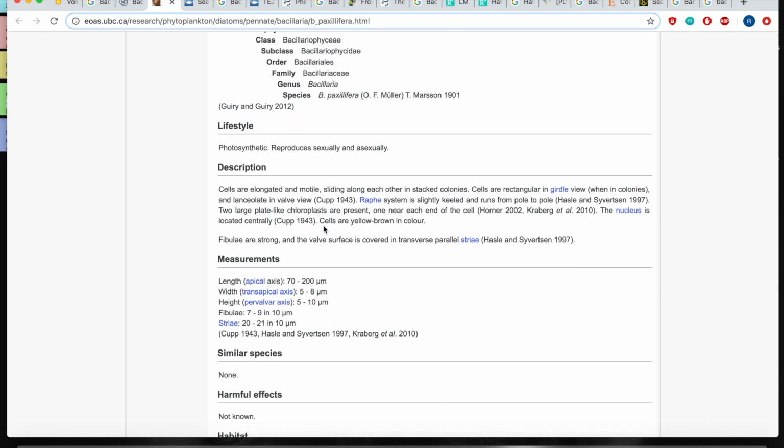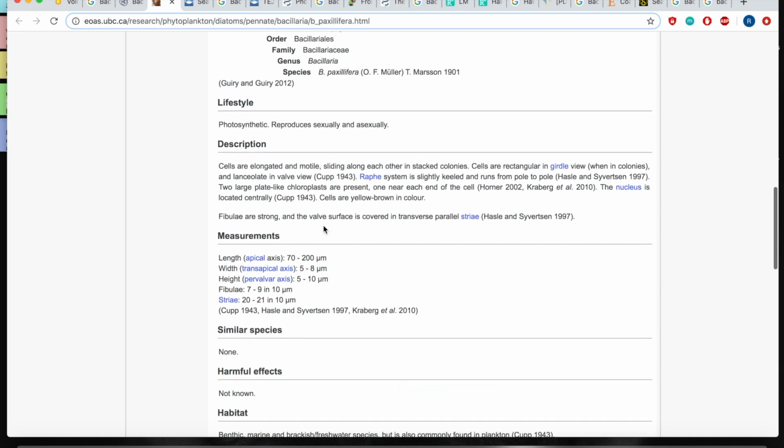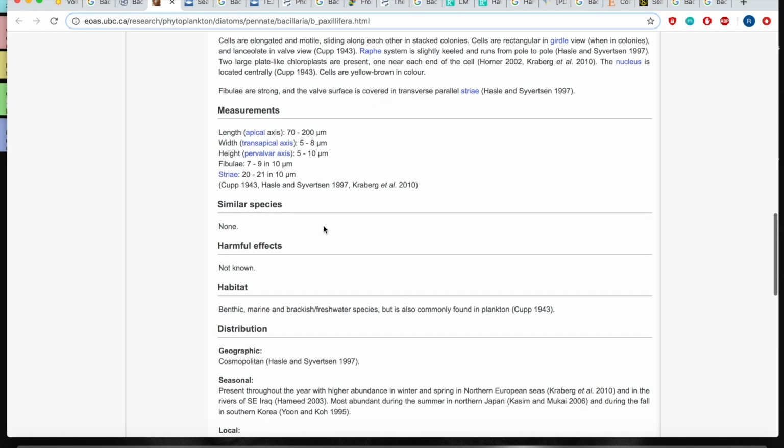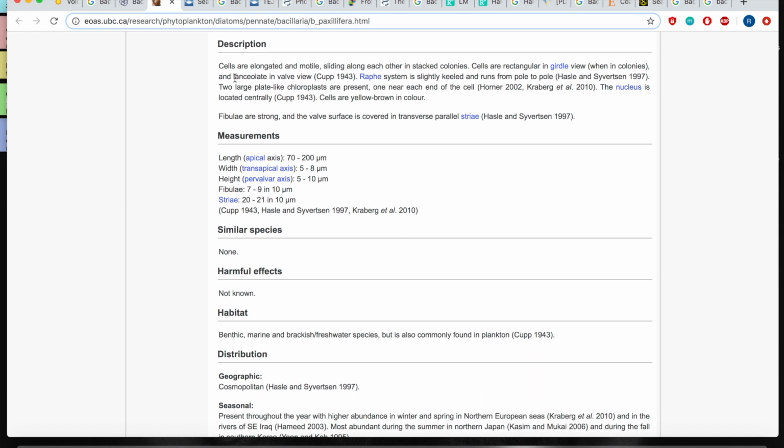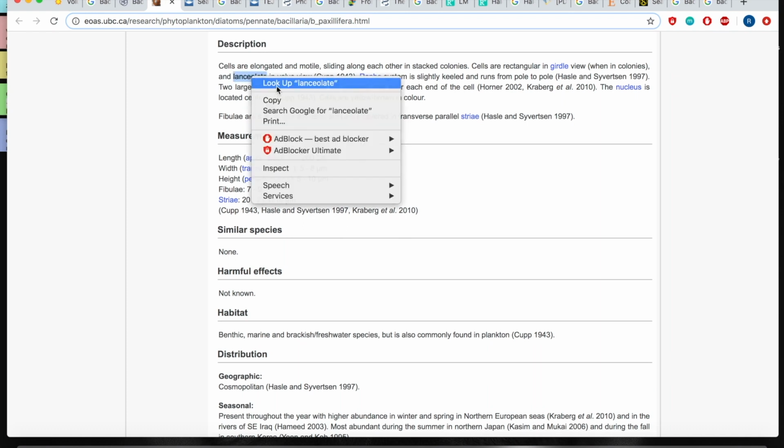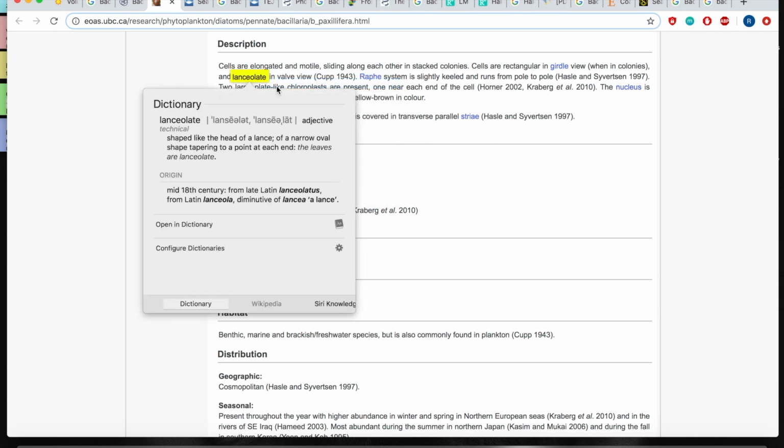That seems like everything we got from this one. It also talked about morphology, so I didn't know that word, so I looked it up. Based off of the definition of that word, I know that it correlates with how we define fusiform. So I'm confident in that annotation.